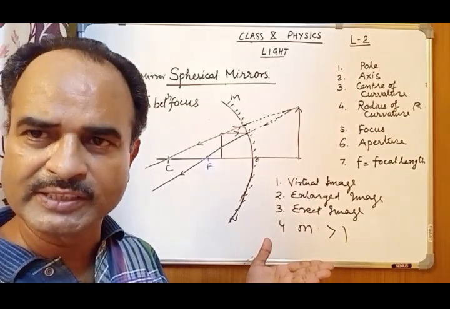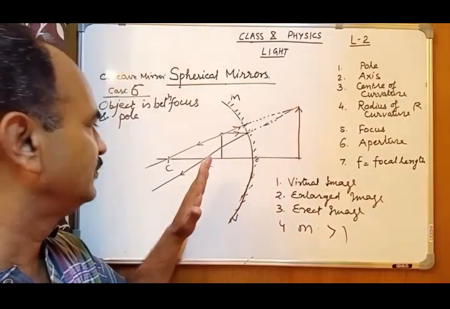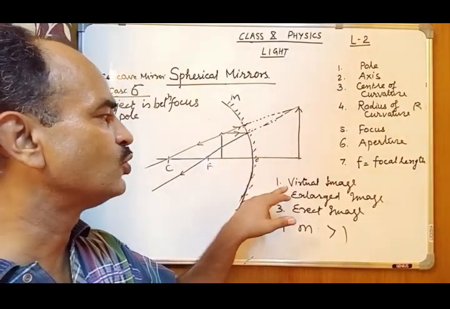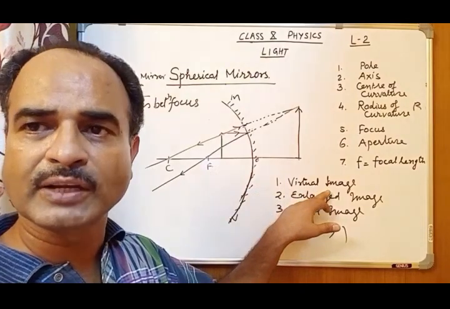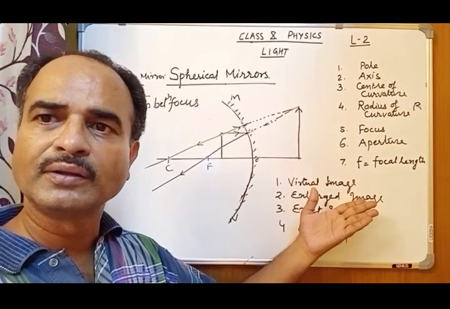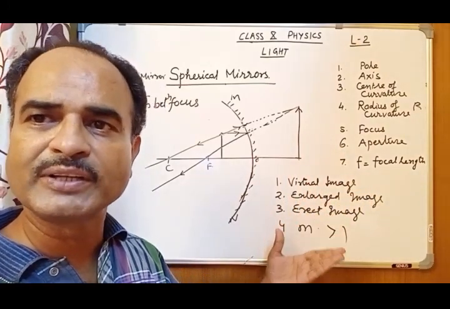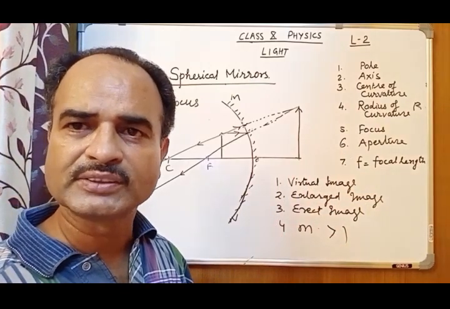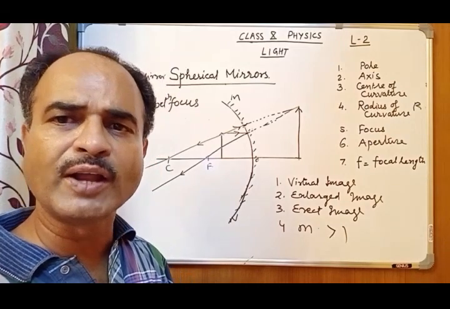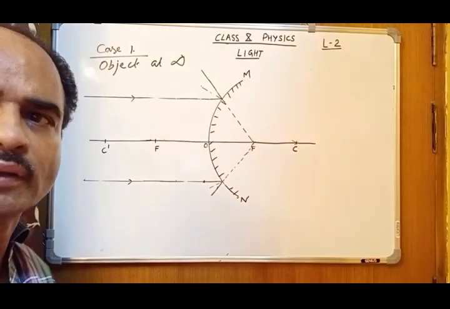More or less the real images are always inverted, but when the object is placed between O and F, the image is no longer real; it gets converted into a virtual image. It is formed beyond the polished surface of the mirror. It is always a virtual, erect image. This way we can summarize and find out the nature of the images in different cases of concave mirrors.